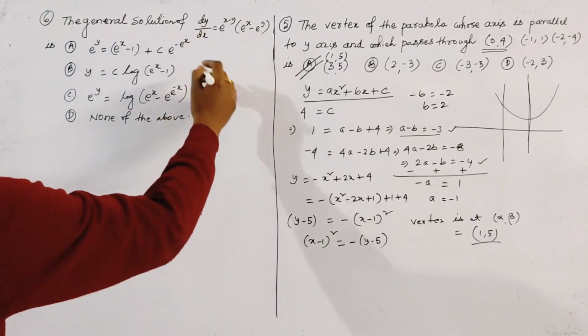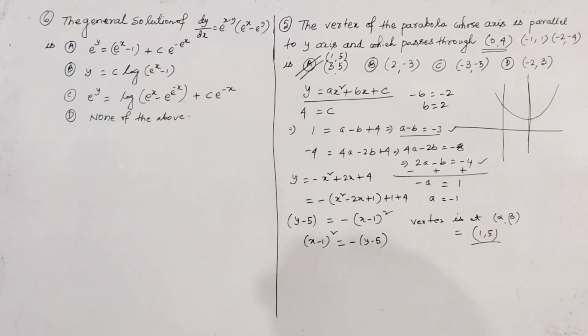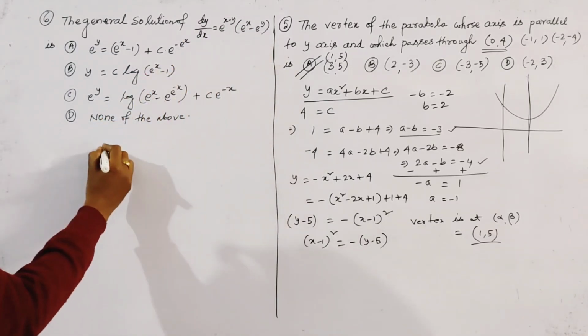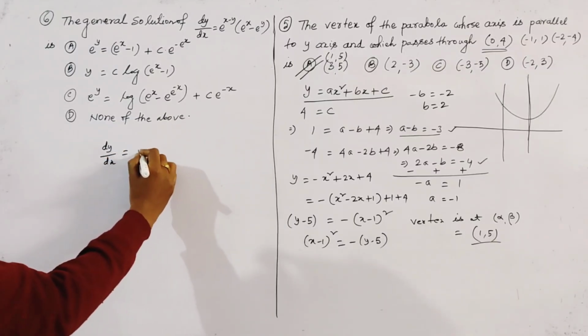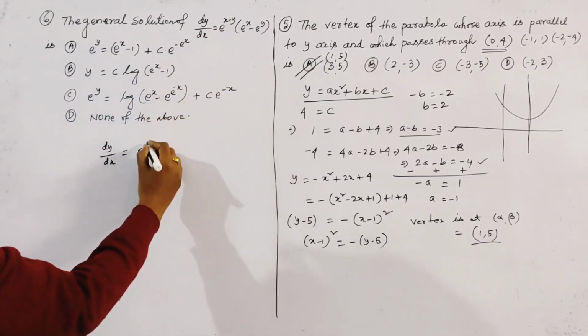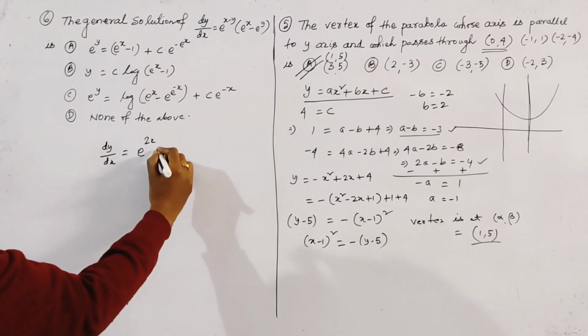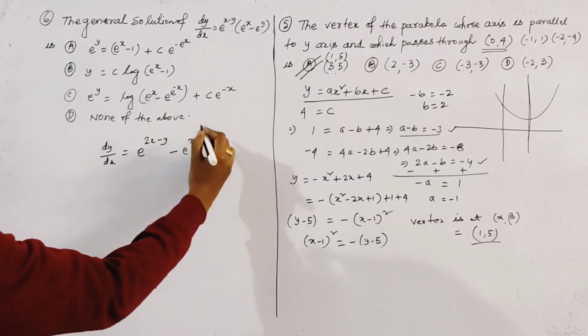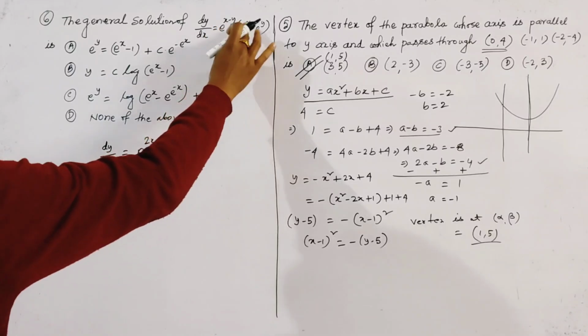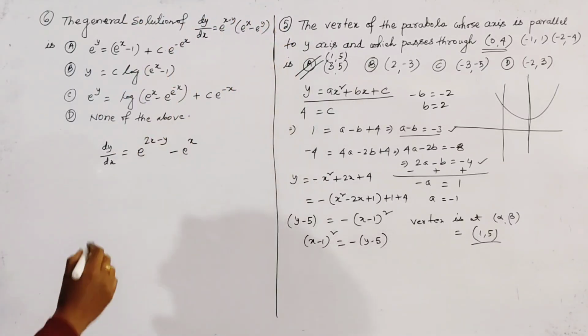So we write the equation dy/dx equals e to the power x minus y into e to the power x minus e to the power y. Multiplying this out, dy/dx equals e to the power 2x minus y minus e to the power x, because e to the power minus y and e to the power y cancel out.